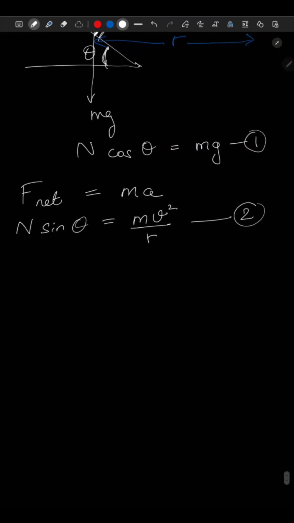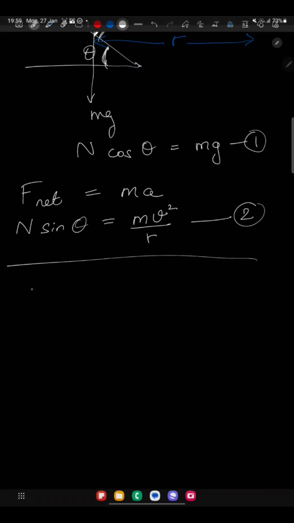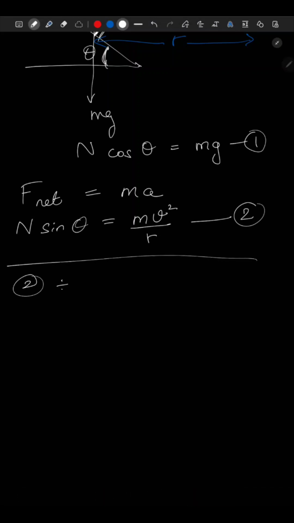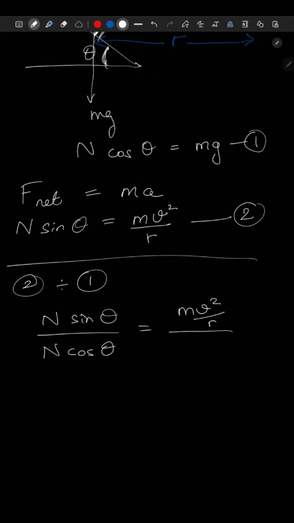Now let's divide the second equation by the first equation. You will have N sine theta divided by N cos theta equal to mv squared over r divided by mg.